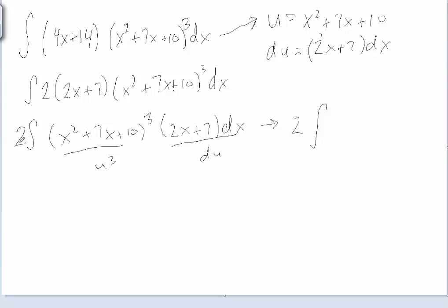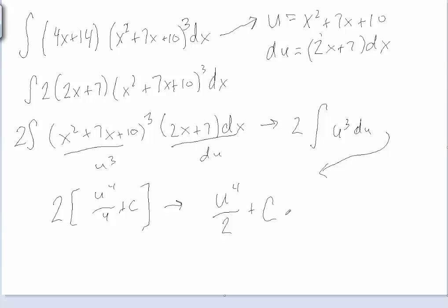Pulling out the constant like we know we're allowed to, we again have u to the third du, whose integral is 2 times u to the fourth over 4 plus c, or u to the fourth over 2 plus the constant.